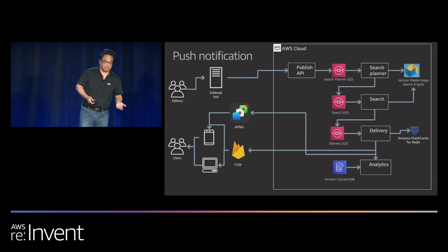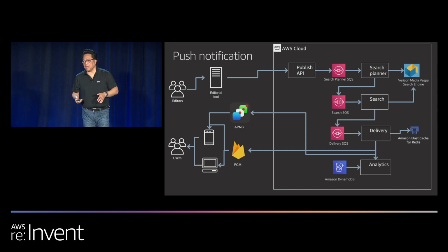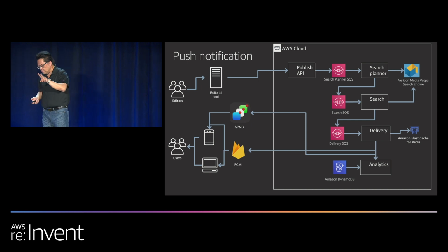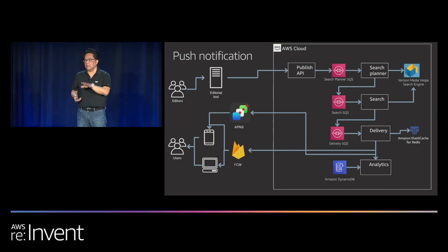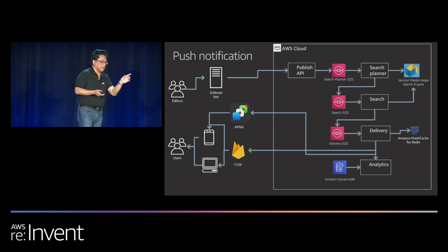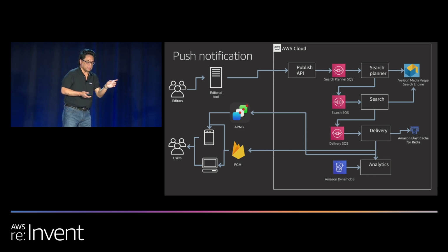The second major flow is actually the push notification itself. So we have a publish API surface. There's two important pieces here. The editor must specify the payload section that contains the title, the body, any emojis in this body, and also any metadata that is required by the mobile application as it gets the push notification.